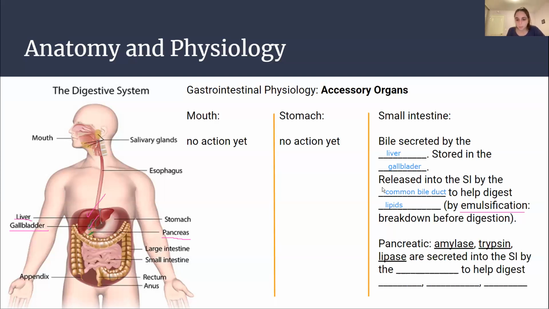Now let's talk about the pancreas. So the pancreas has a few enzymes: pancreatic amylase, pancreatic trypsin, and pancreatic lipase. And similar to the common bile duct, these enzymes that are formed in the pancreas are going to be secreted into the small intestine by another duct. What duct is that called?